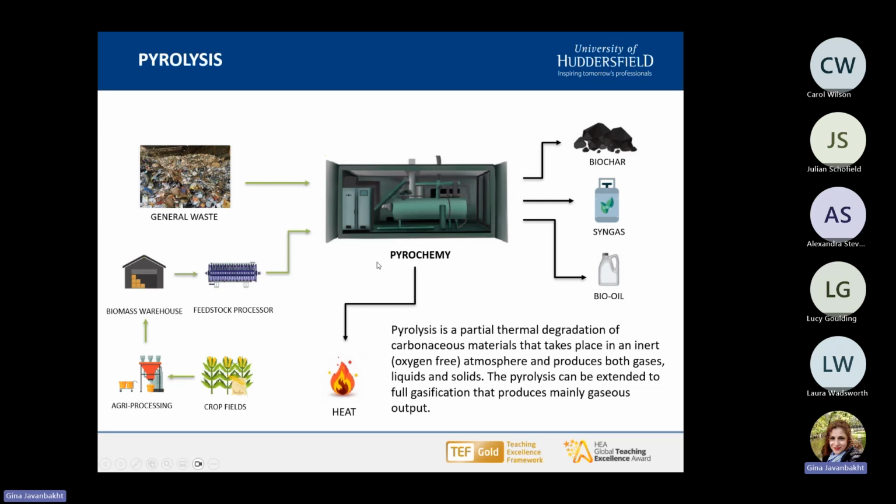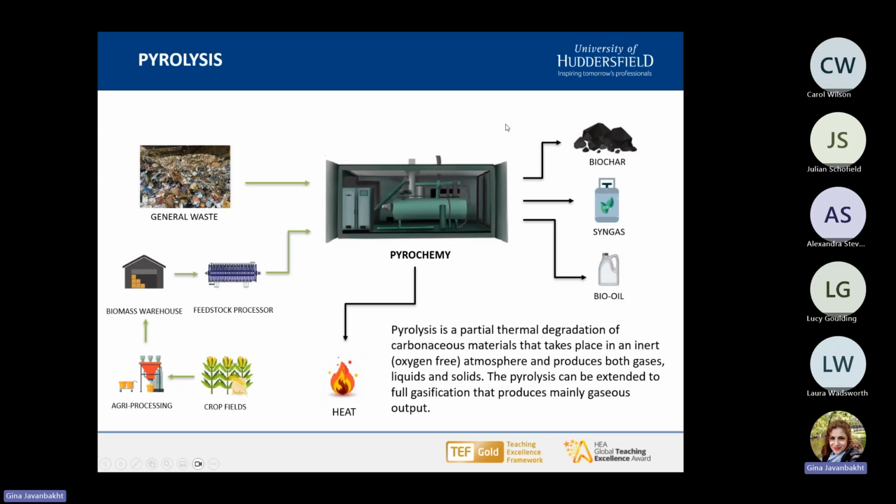Pyrolysis is a process that uses feedstock and breaks it down in the absence of oxygen. It means that if you're burning something without the presence of oxygen, that's the pyrolysis process.